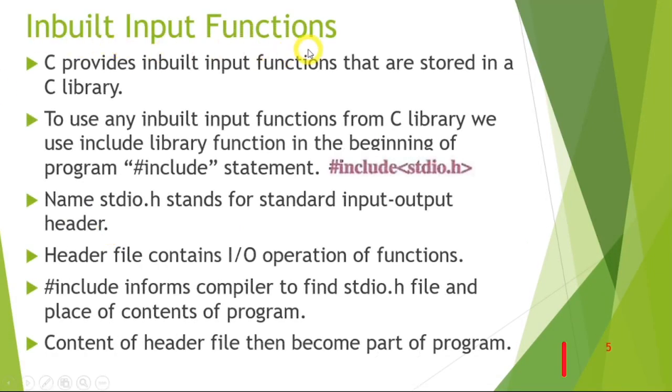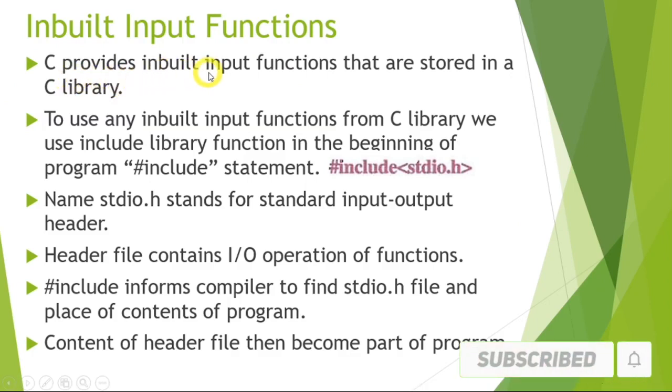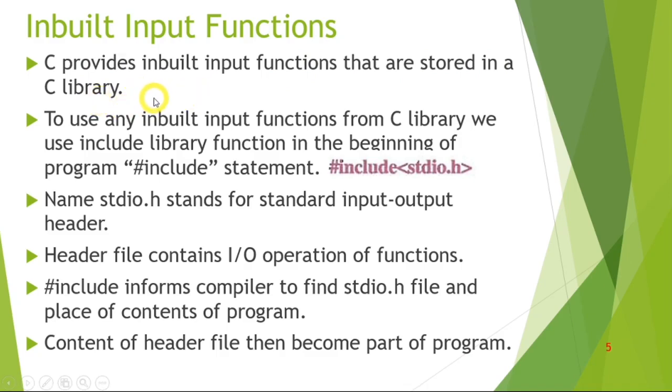Inbuilt input functions. What are inbuilt input functions? C provides inbuilt input functions that are stored in a C library. We already know that standard input output operations are done using C libraries.